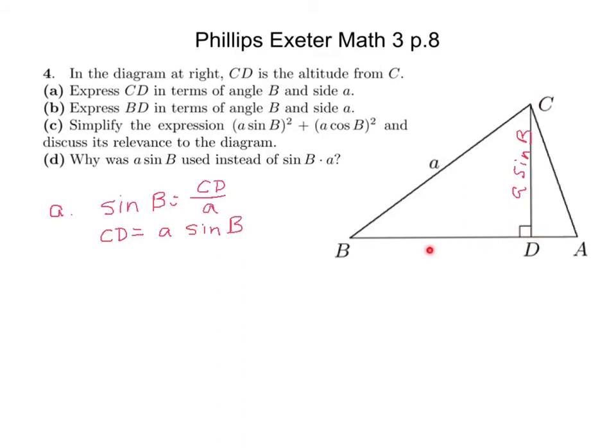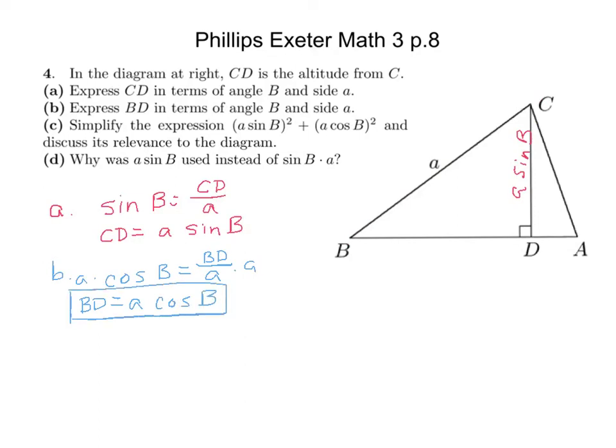You could do cosine B equals BD over A. Then multiply A on either side, which gives BD equals A times cosine of B. BD equals A cosine of B. I'll box that top one. So now we have A cosine B.